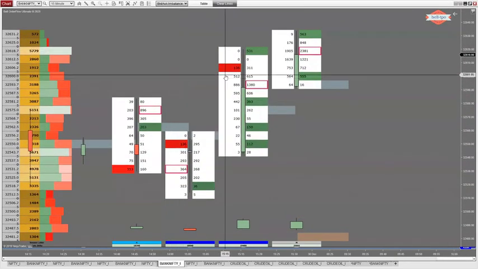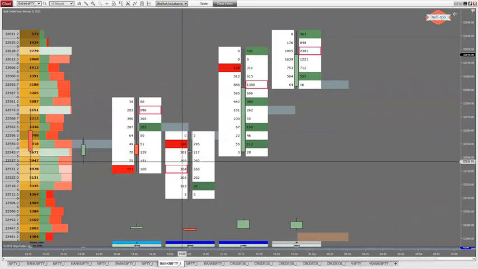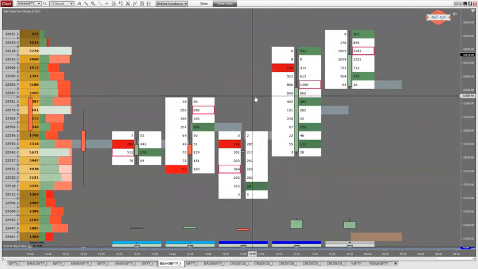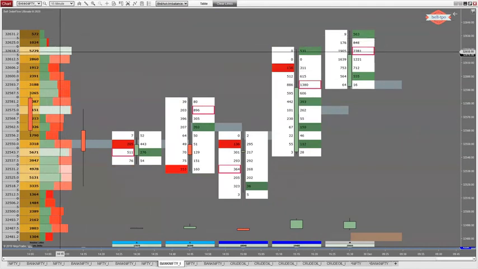Now there is just one problem that I have with this left side histogram, and that is, for some reason, it is getting cut off at these levels.